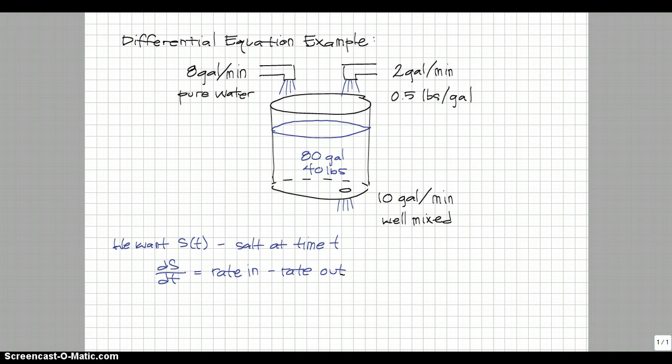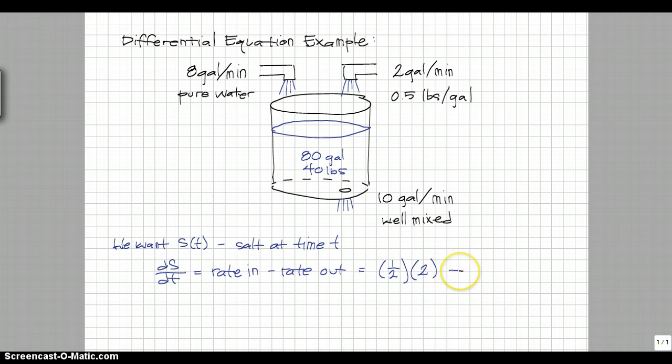But what we do see is that there's 2 gallons per minute of water coming in with 1/2 pound per gallon of salt. So we'll just say we have 1/2 pounds per gallon multiplied by 2 gallons per minute coming in. So that's our rate of salt coming into the tank.